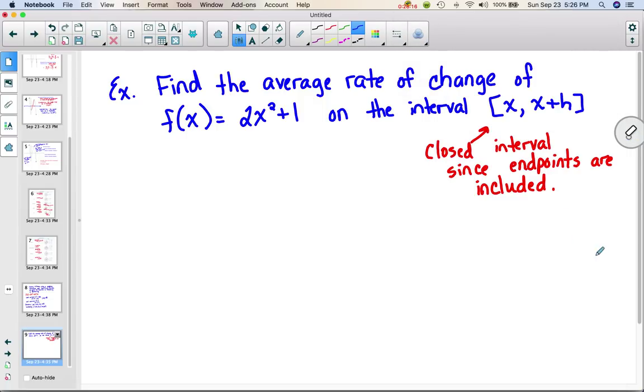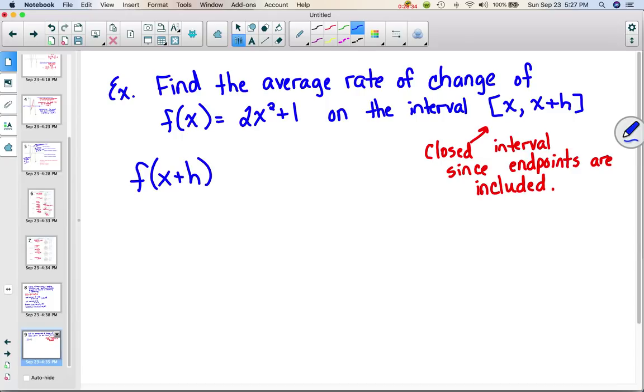Okay, last example. This won't be long, I promise. Find the average rate of change of this function on the given interval, and it's a closed interval since the endpoints are included. So remember average rate of change? It's the slope. So we're going to find f of x plus h minus f of x all over x plus h minus x.